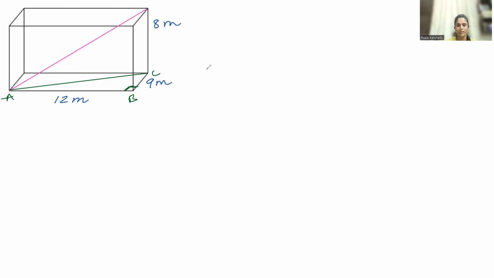which is going to be the base of the another triangle ACD. So in triangle ABC, let's apply the Pythagorean theorem. We can write AC square equals AB square plus BC square. Am I correct? Your AB square is 12 square, BC square is 9 square.